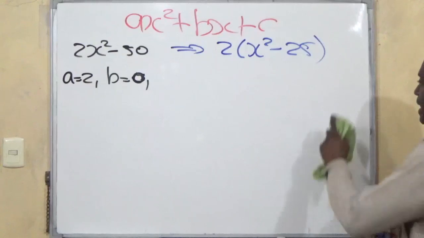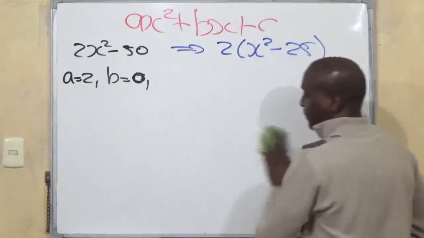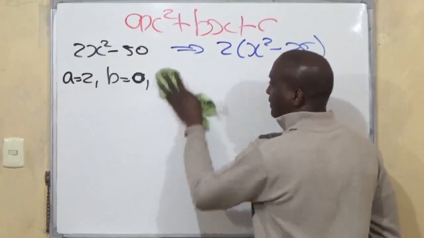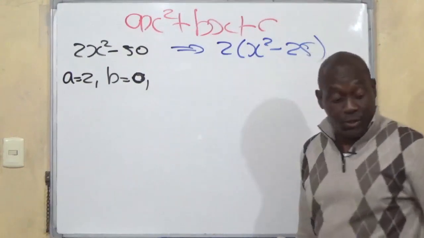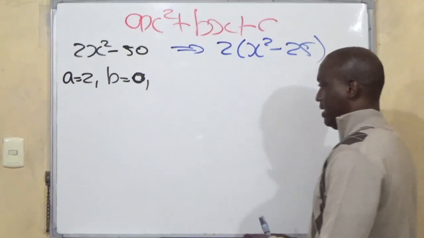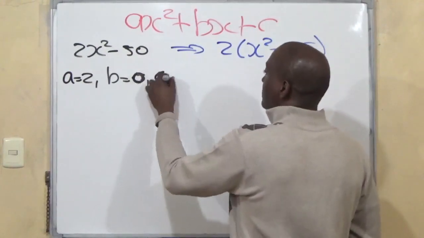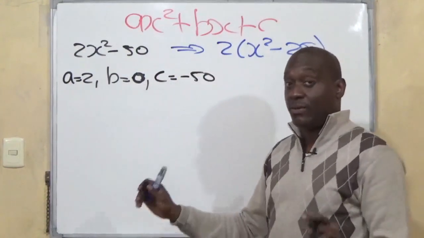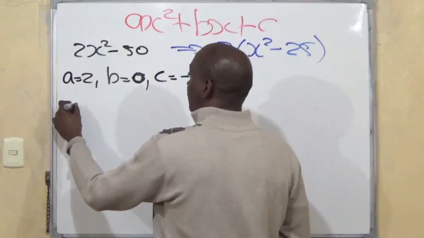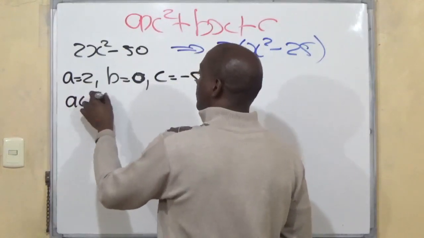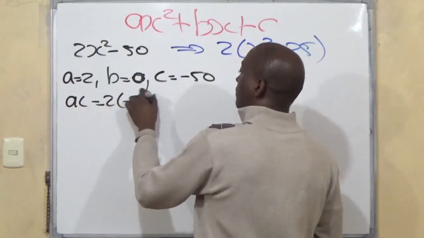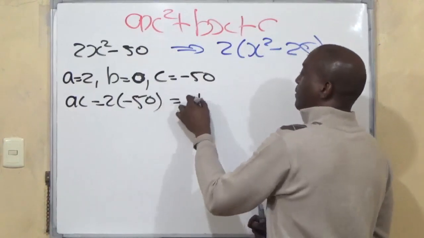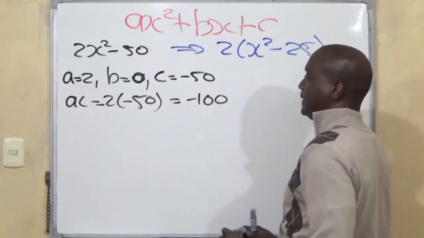Trouble in the camp. Right? So C is equal to minus 50. Yeah, no problem. So AC is equal to 2 by minus 50, which is equal to minus 100.